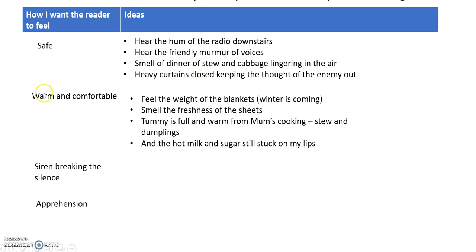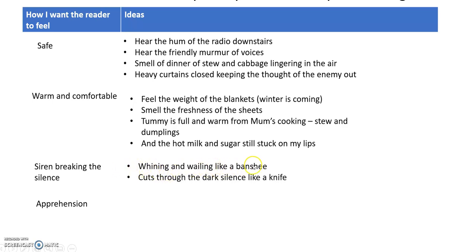Then I'm going to continue with this, put as many ideas as I can think of, and then we're going to do the siren breaking the silence. So this is what I said before, whining and wailing like a banshee. I've used personification and a simile. Cuts through the dark silence like a knife.